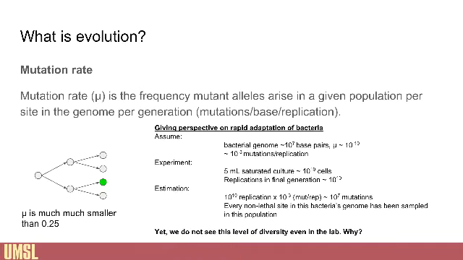And there's an intrinsic mutation rate of around 10 to the minus 10, which leads to around 10 to the minus 3 mutations per replication event of this gene. Okay?